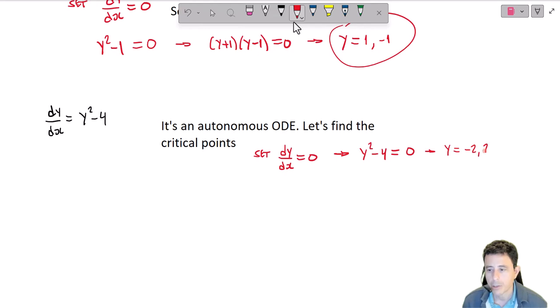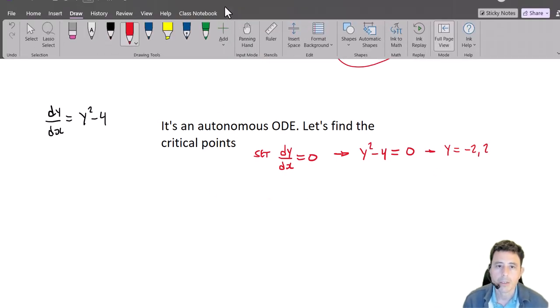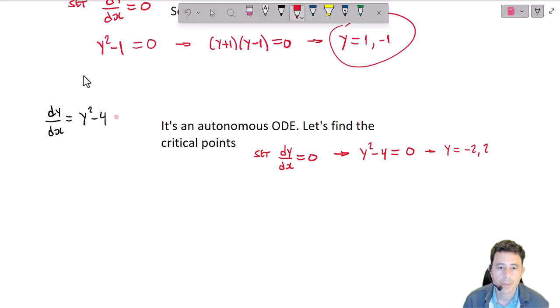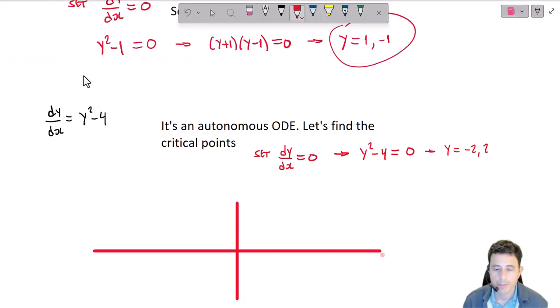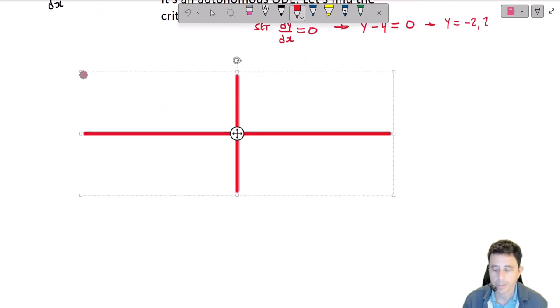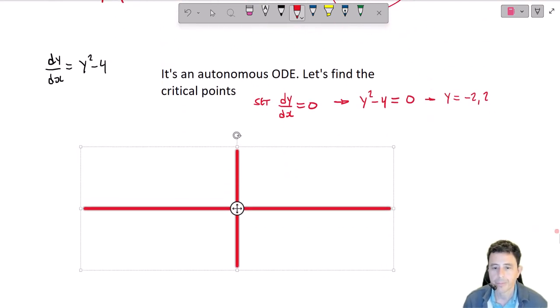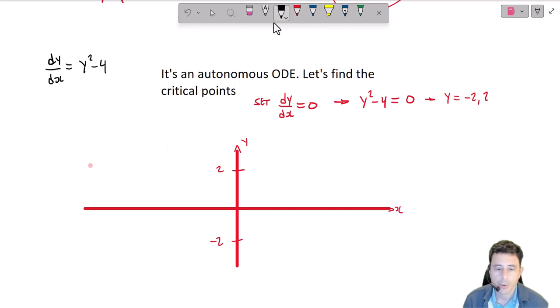Okay, gonna draw, make a sketch here. Here is 2. Here is negative 2. These are the only two places where the derivative is 0. Okay, so I'm going to draw those arrows to represent that the derivative is 0 at those points.